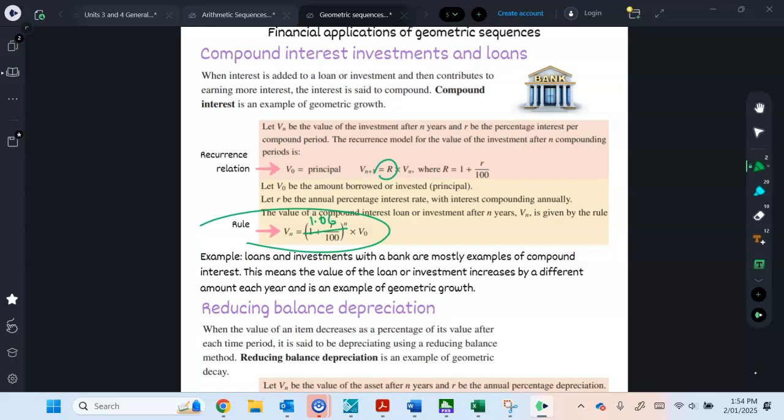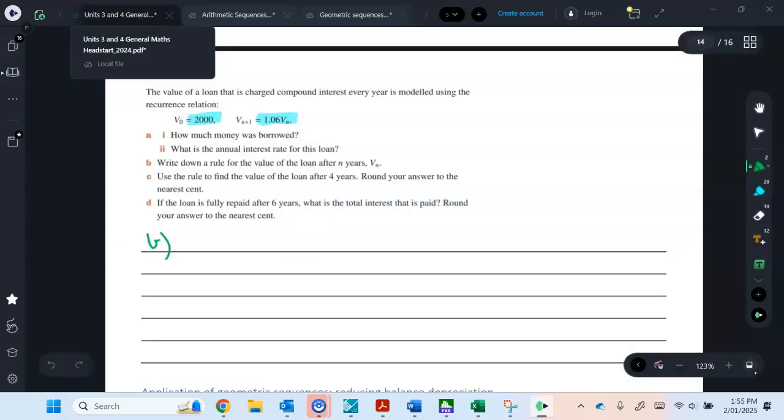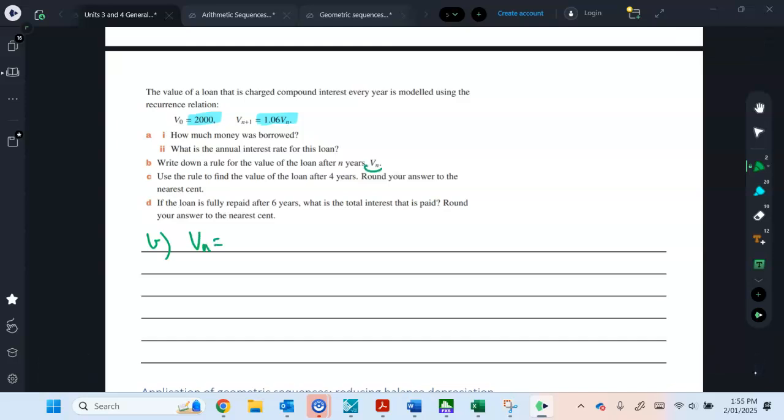So 1.06 to the power of n times V0, which was 2000. Let me just go back. All right, so Vn, make sure you get the letter right, is 1.06, the value of R which was given to us in the question, to the power of n times V0, which was 2000. So that's your rule.